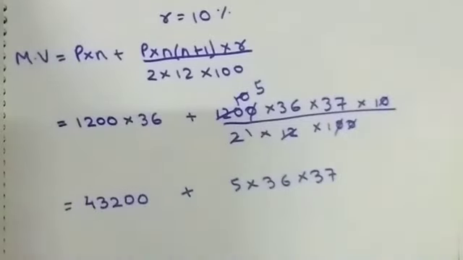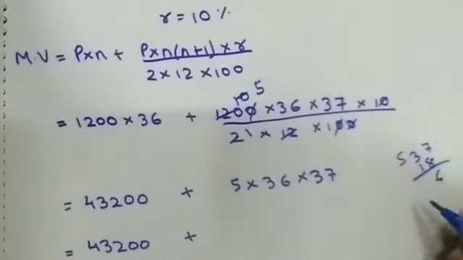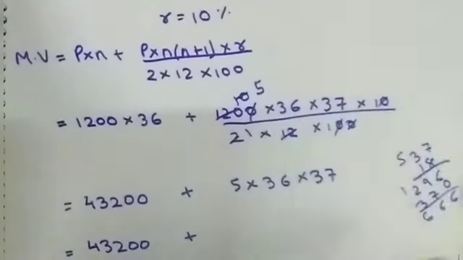Now I am always reminding you that do not use a calculator over here. Here it would be 43,200 plus 5 into 36 is 180. Now 180 into 37. So 18 into 37 is 6,660.